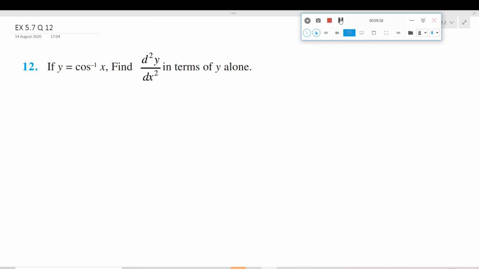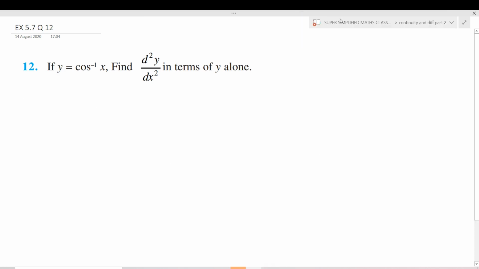Now let us come to question number 12, where y is cos inverse x, and we have to find the second derivative d2y by dx2, but in terms of y. So how shall we find it in terms of y? Very easy. Since y is cos inverse x, you can write cos y is equal to x.